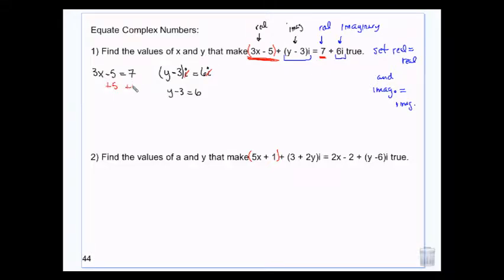So I add 5 to both sides here, and I get 3x equals 12. Then divide by 3, and I get x equals 4, and that's done. And then I come over here and I add 3 to both sides, and I get y equals 9, and that's done.